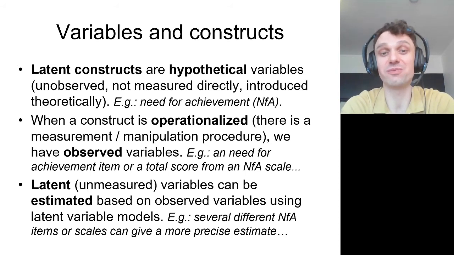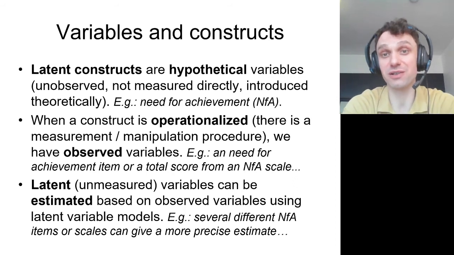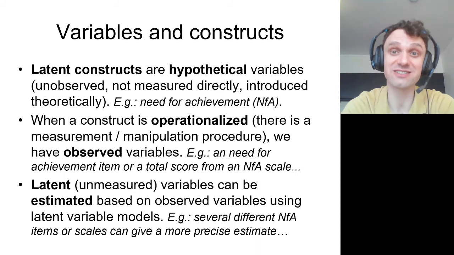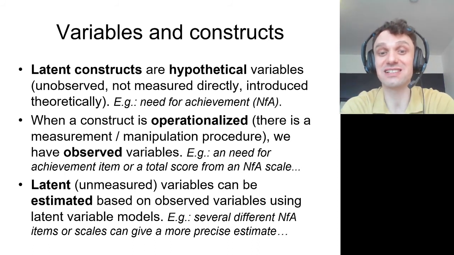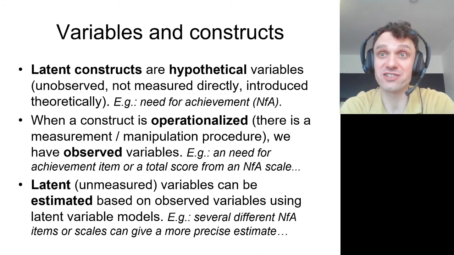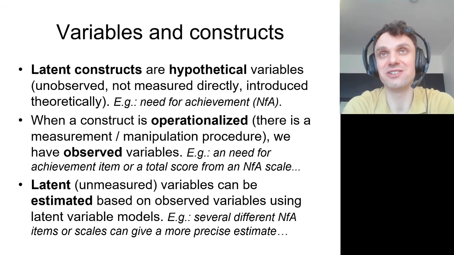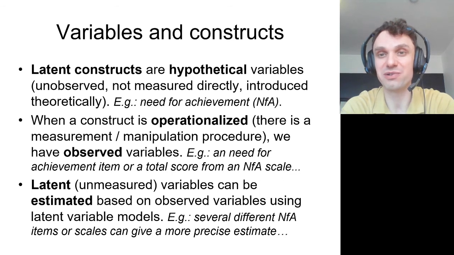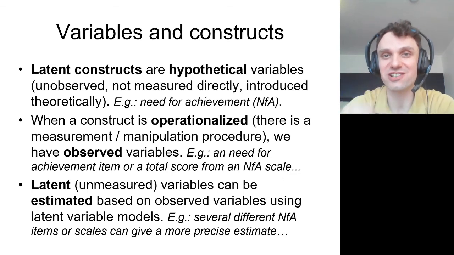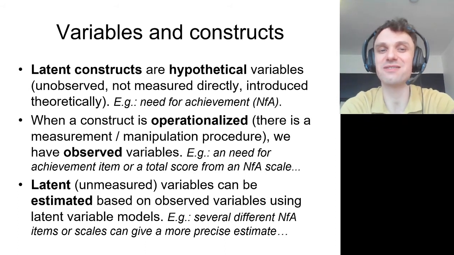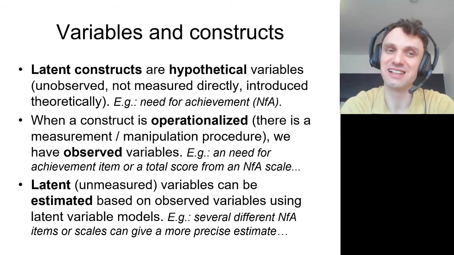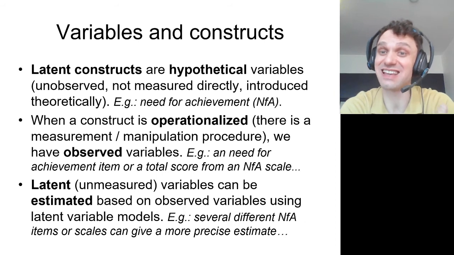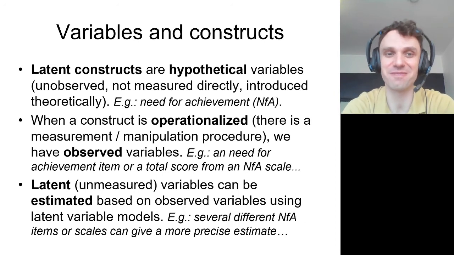For example, you want to measure need for achievement, and you are giving a person 3 different questionnaires that measure different aspects of this need for achievement, and then you conduct some kind of factor analytic model in order to arrive at a better estimate of this need for achievement, which will be more precise than the estimate from each individual questionnaire taken alone. So latent variables are kind of closer to latent constructs, and we say that they can represent latent constructs.